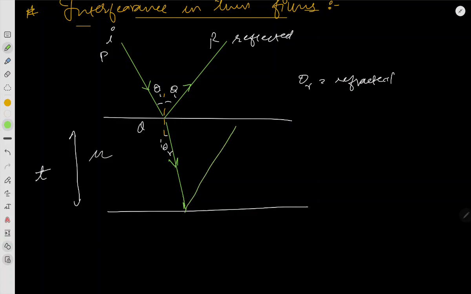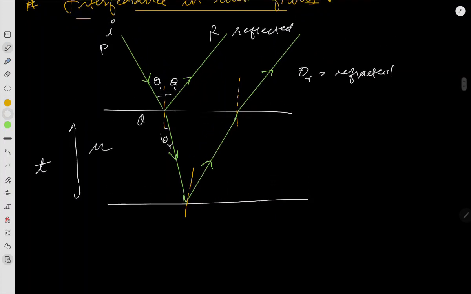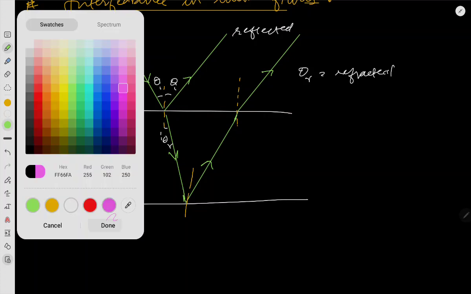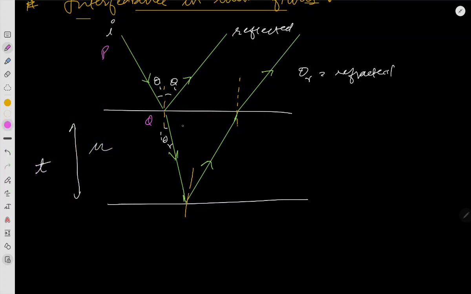So it would go out like this and then again get refracted and go out again. So I'll draw this, and now I shall label these points, in another color for your quick understanding. So this is P, Q, R, S, T, U.